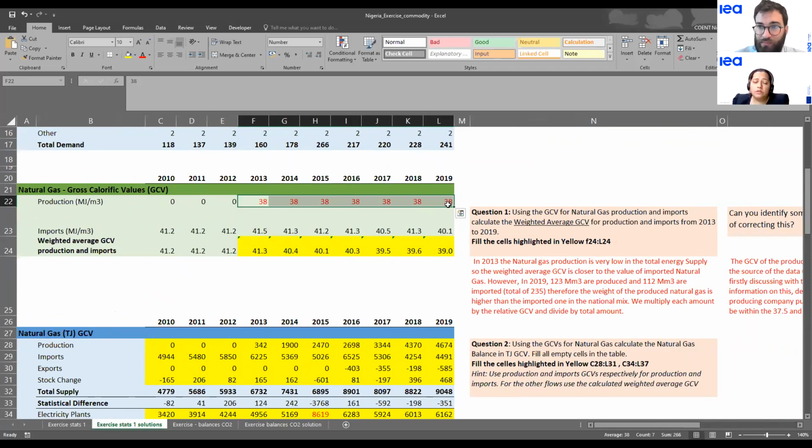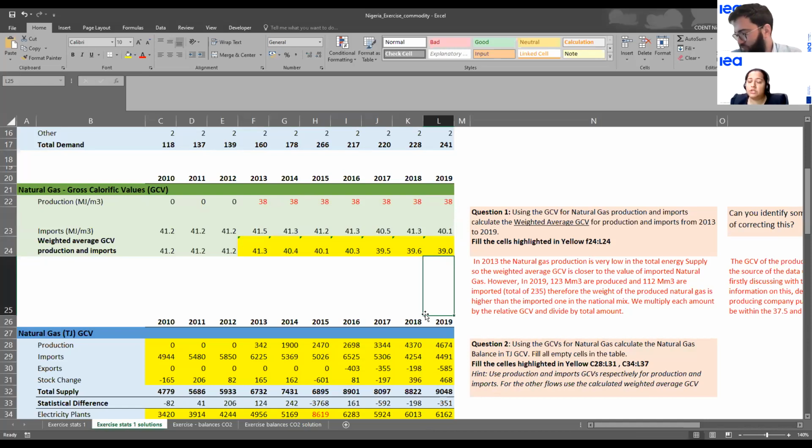And this could be due to several reasons. It could be due to the source of data using the default calorific value when reporting to the statistical offices. This could be solved by first discussing with the producer company to know if they can provide you with more information on this, if they can develop a survey to collect such information, or if the government can make a mandate for the producing companies to publish that information.